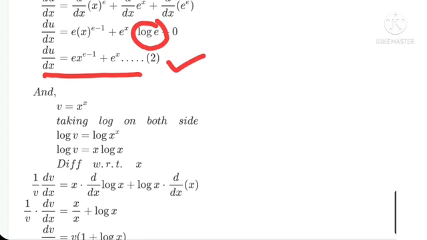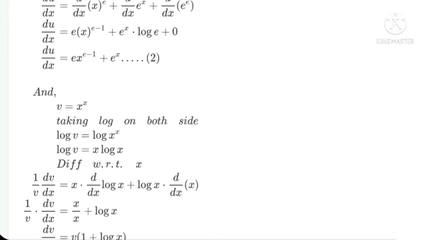Now from v we find dv by dx. Here x raised to x is there, so take log on both sides. We get log v is equal to log x raised to x. Log v is equal to x log x.